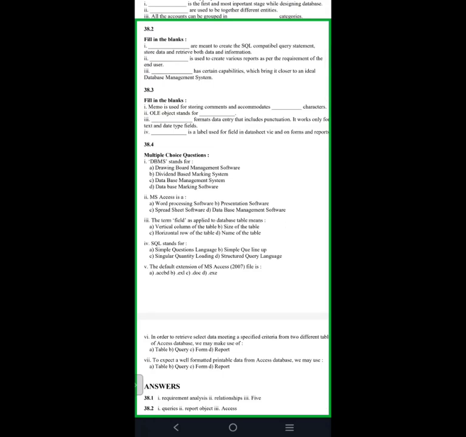Fill in the blanks. Dash are meant to create SQL compatible query statements. Queries. Dash is used to create various reports as per the requirement of the end user. Report object.